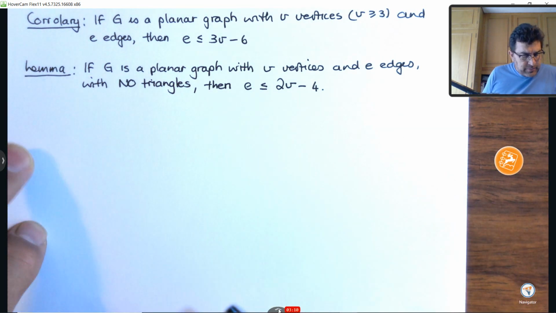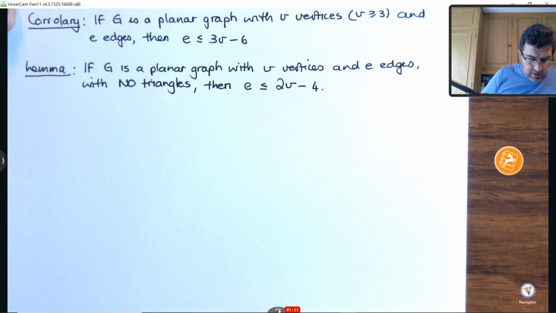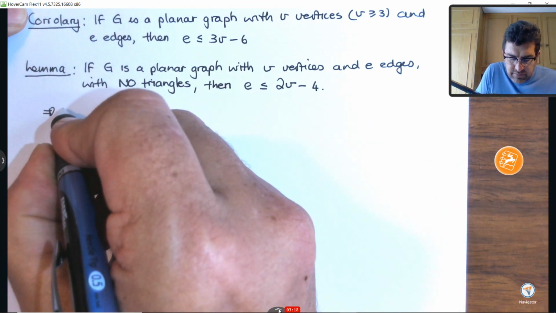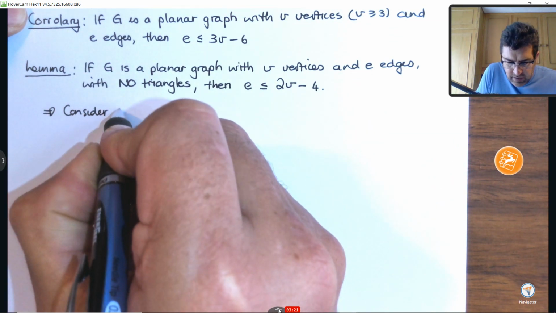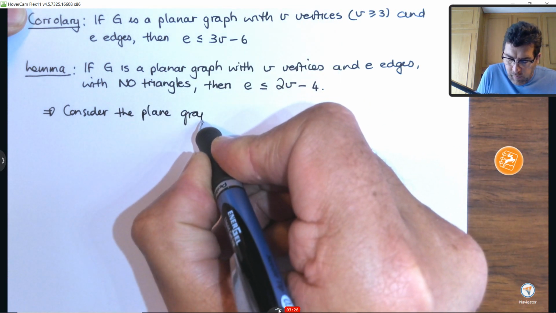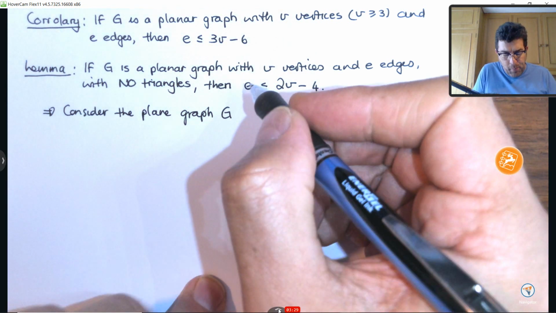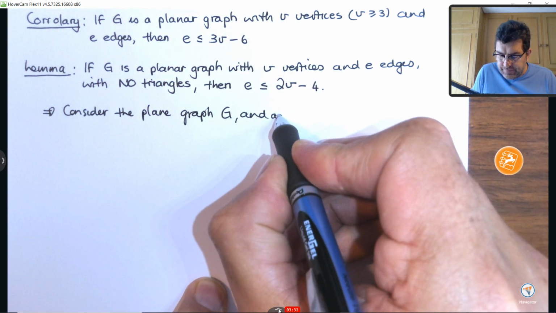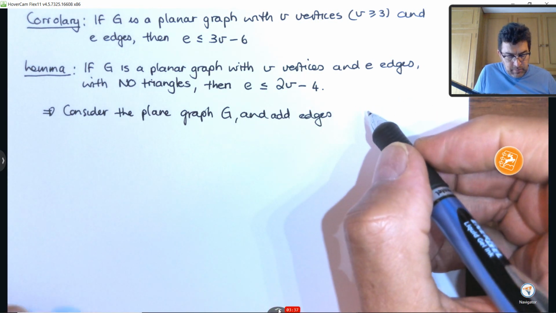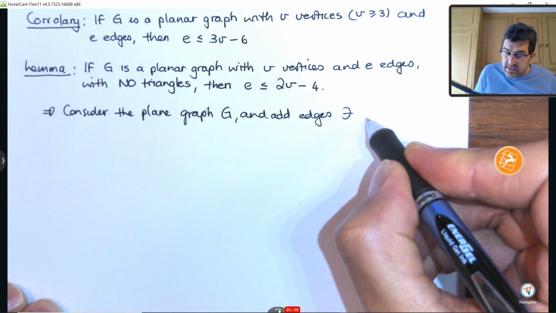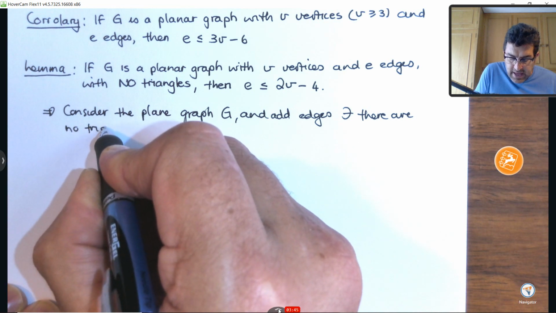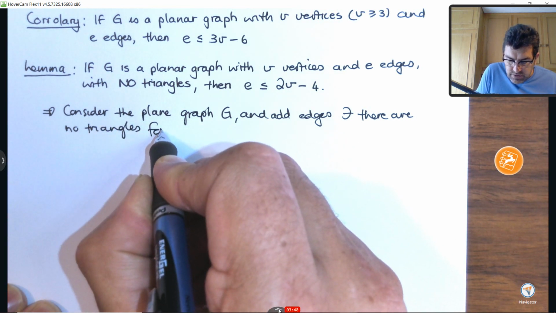So let's see, how do we prove this lemma? We're going to start by saying, let us consider a plane graph G, or drawing G, and add, like we did before, edges such that there are no triangles formed.